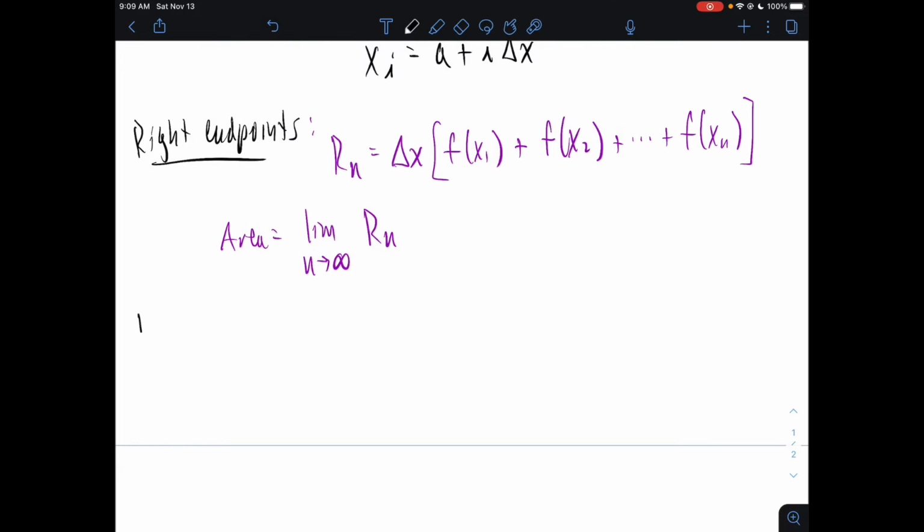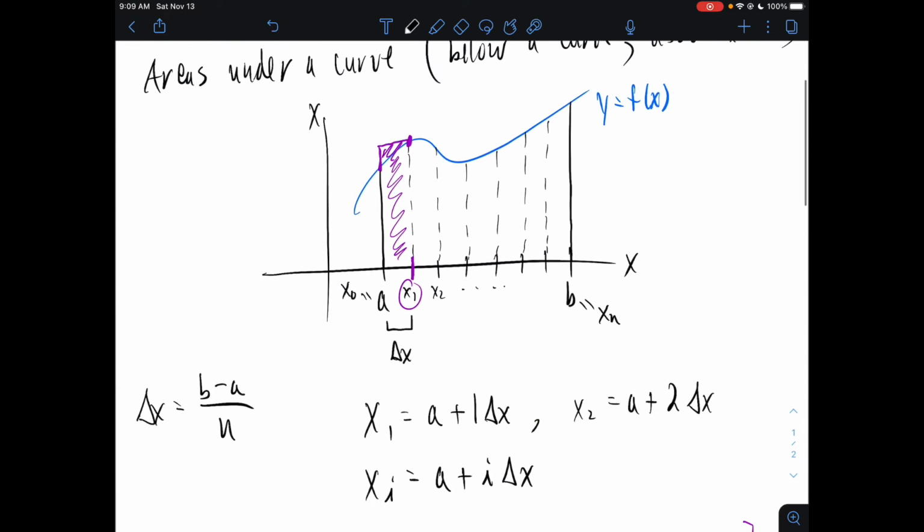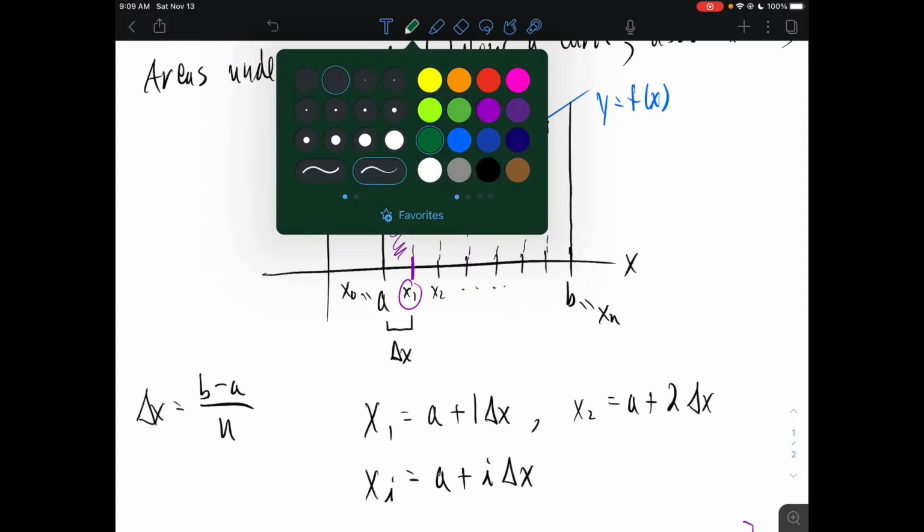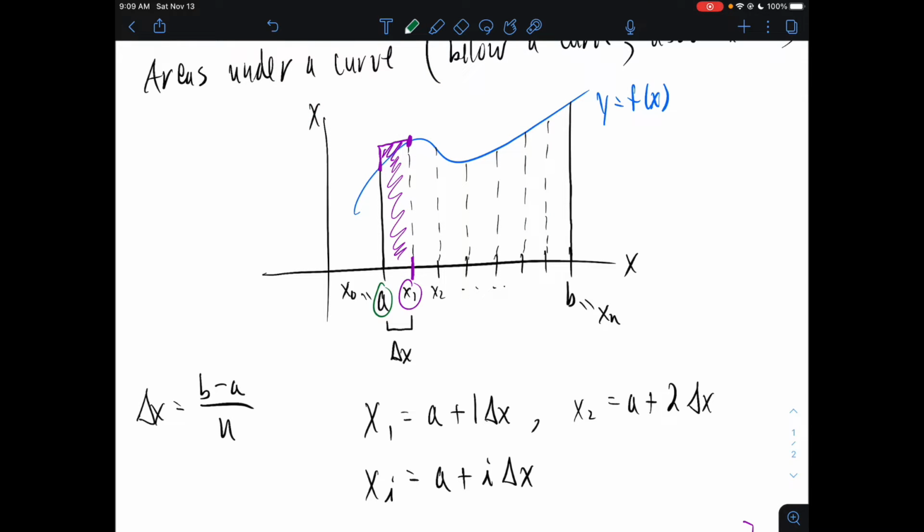If we use left endpoints, we're just using a different starting point and ending point. We still have delta x as the width, but the first left endpoint would be A. And the way that the left endpoints would work is if I used A to get my first height, then I would get a rectangle that is below my function.